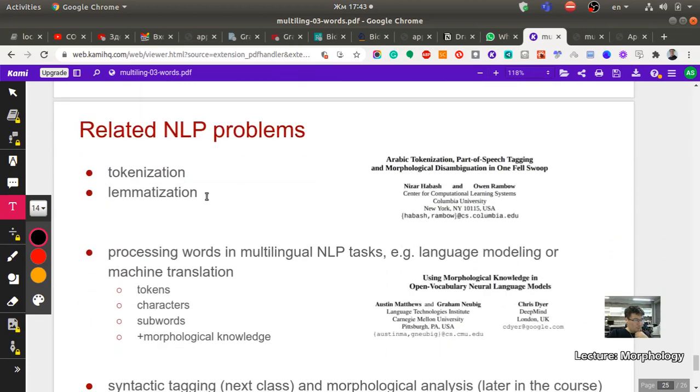Related NLP problems are tokenization and lemmatization. Many of you may have used them in previous tasks. Tokenization is dividing text into tokens, and lemmatization is when you try to remove the endings.